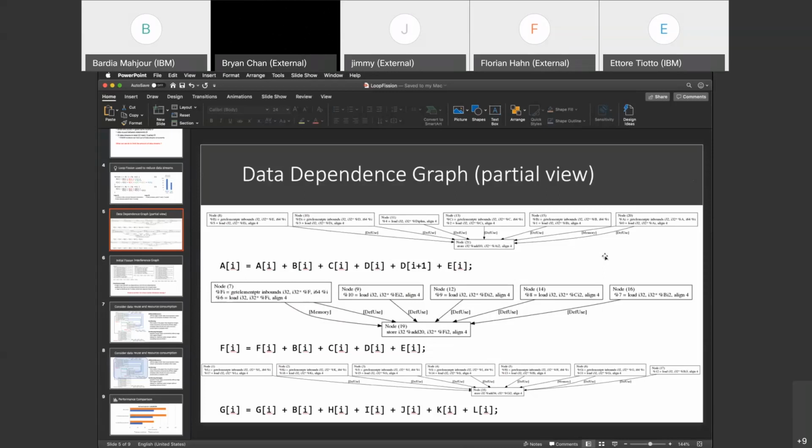Like we don't manipulate the IR. This is analysis. We build this graph, and then the consumer of the graph, which is going to be loop fission, could either take the graph as is and distribute it, or it may use the information in the graph to notice that there may be more distribution opportunity by doing rematerialization and stuff like that.